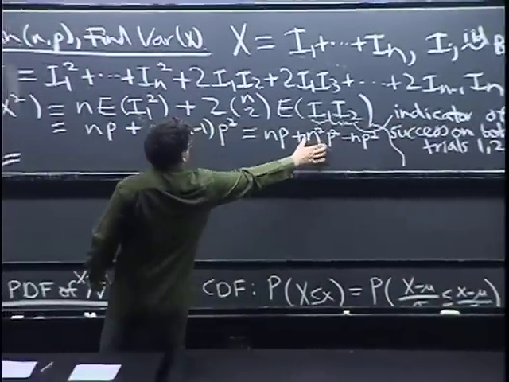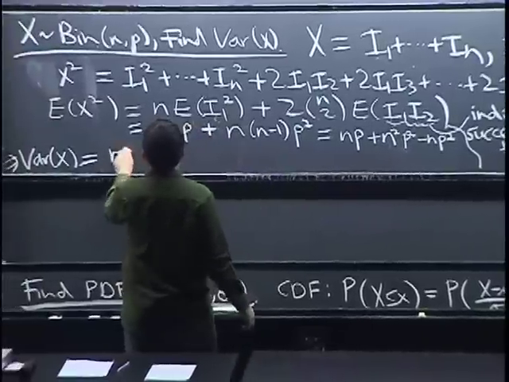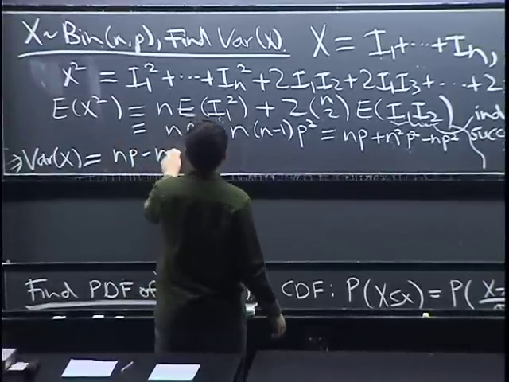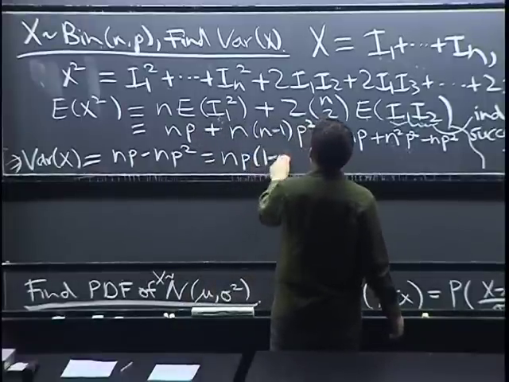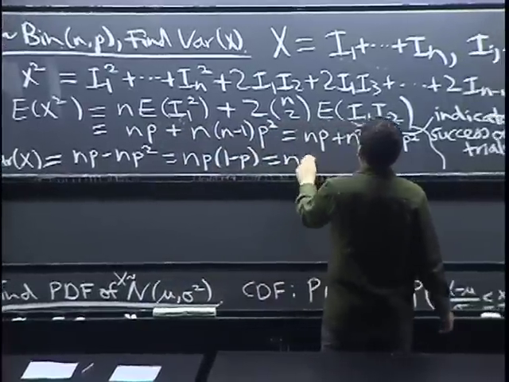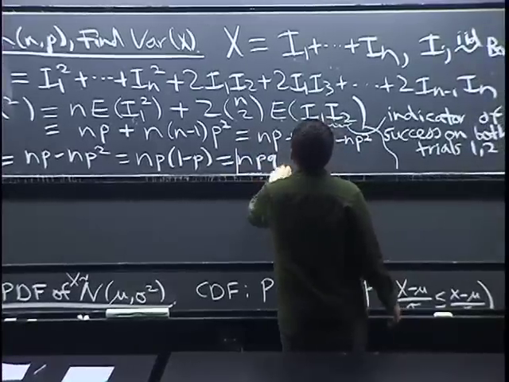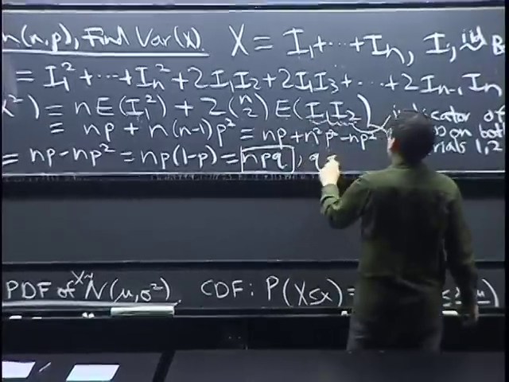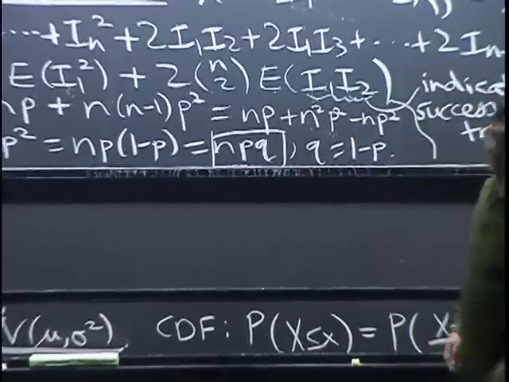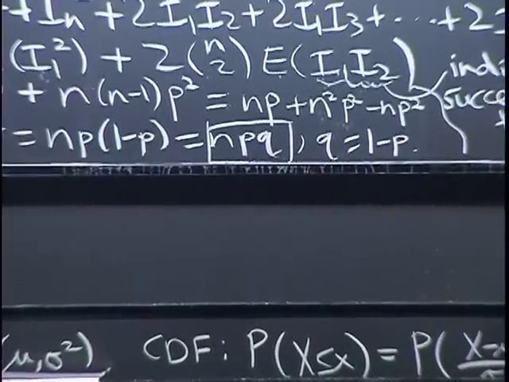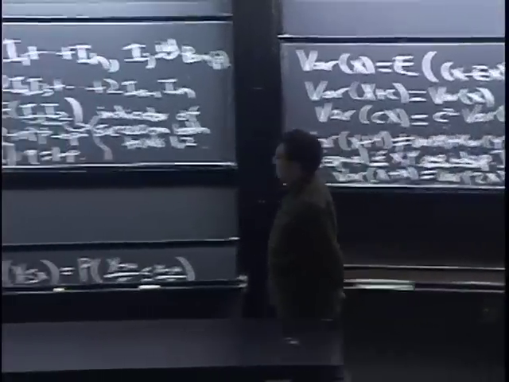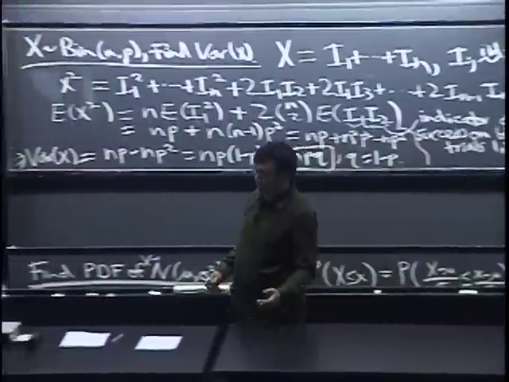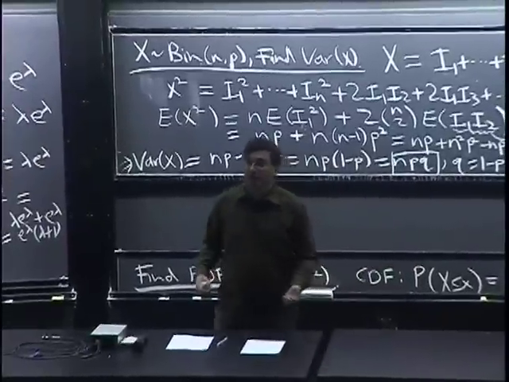So we're just canceling out this middle term, and we just have np minus np squared equals np times 1 minus p, which we'd often write as npq, with q equals 1 minus p. So binomial variance is npq. So that's just a good review of indicator random variables and all of that stuff.